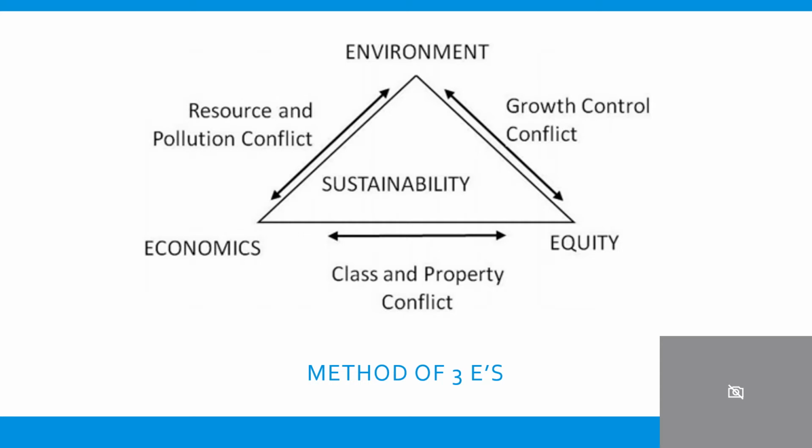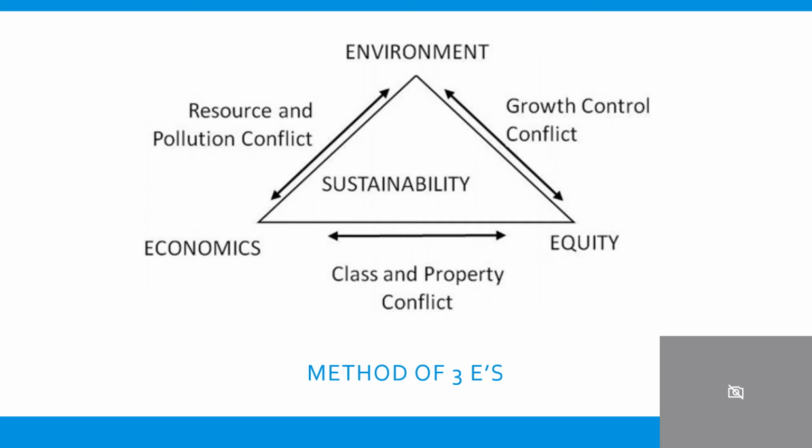And the three E's concept is an approach that is multidimensional and can have a positive impact when balanced properly. The proper implementation of this requires being as close to the middle of the triangle as possible. And if you're leaning towards a certain corner, it can have negative effects.